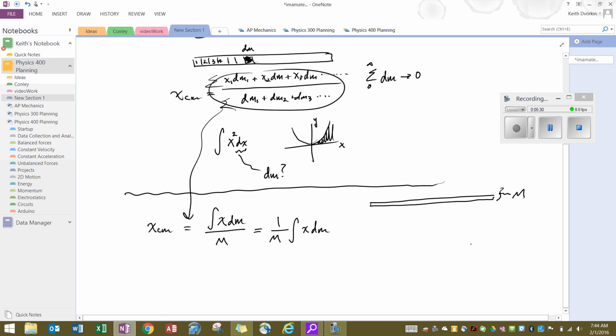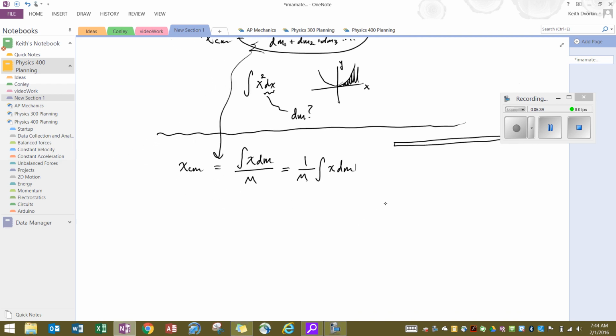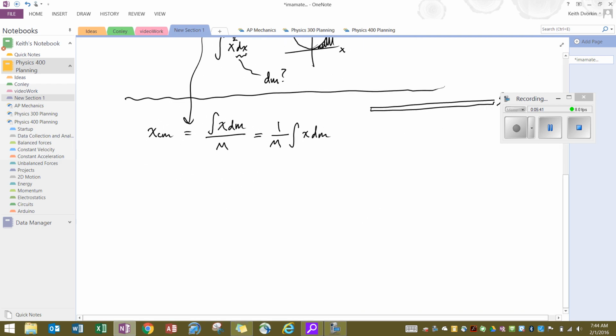Okay, so now we're onto this part here where we would need to get dm into coordinates so that we can plot out the mass of this rod on a coordinate system. So let's just stick the rod on a coordinate plane. It's a thin rod, so it really has no height.